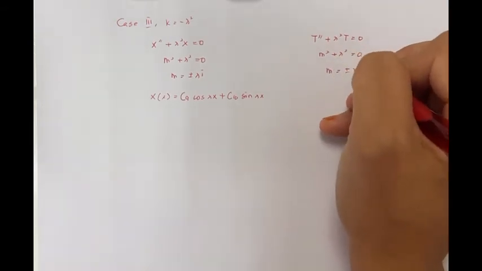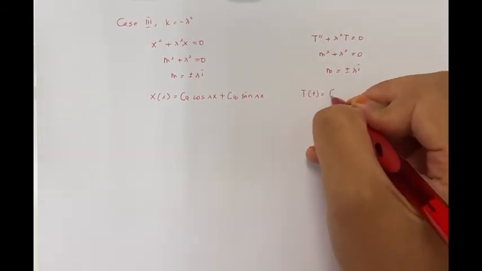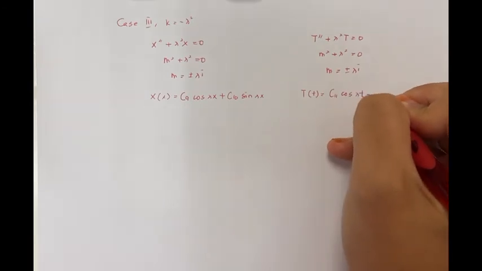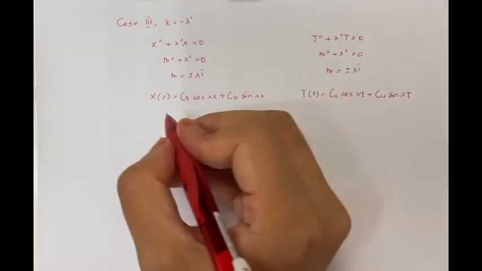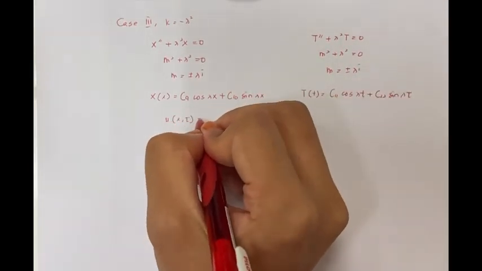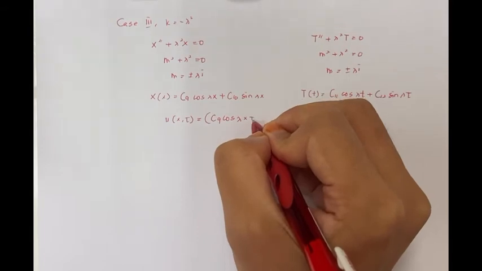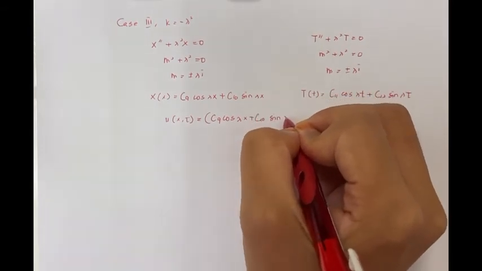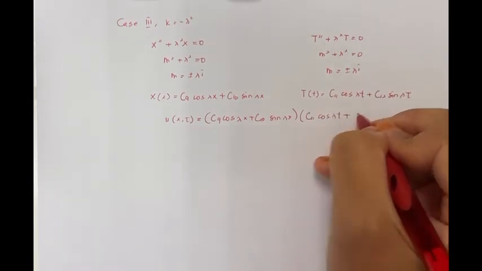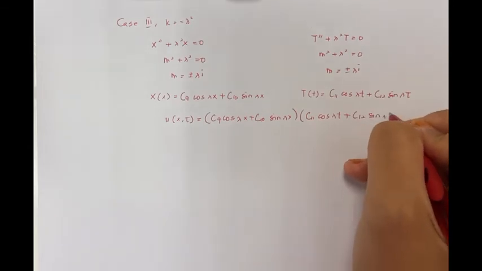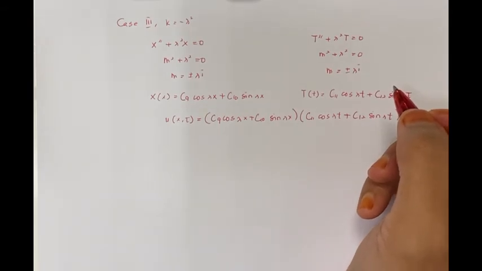Again, m is a complex conjugate, plus minus lambda i. So T is equal to C11 cos lambda t plus C12 sin lambda t. So u(x,t) is equal to C9 cos lambda x plus C10 sin lambda x times C11 cos lambda t plus C12 sin lambda t. Okay, now we can continue with substituting the boundary conditions.